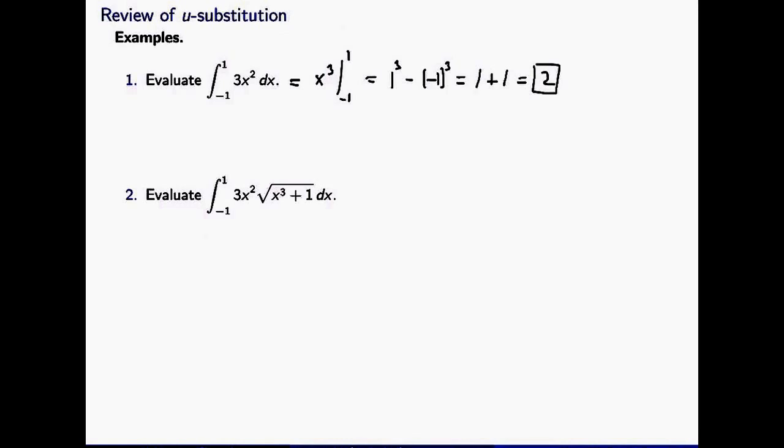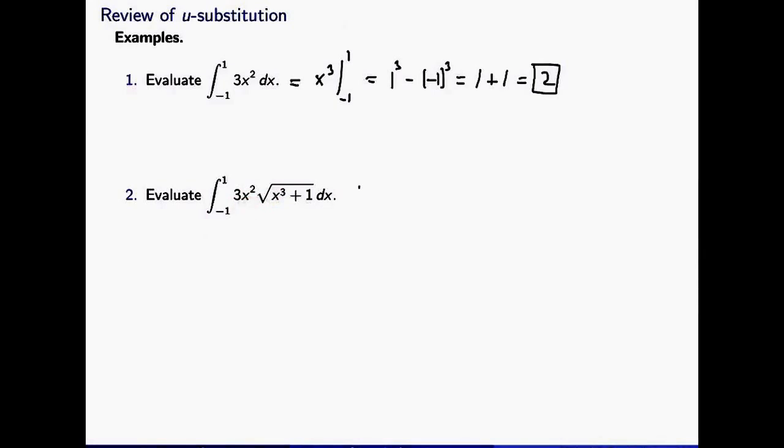There's our answer. Now the second one, you look at this and say, u-substitution should jump out because you look at the inside, x cubed plus 1, well, the derivative of x cubed plus 1 is 3x squared, which is sitting out here.